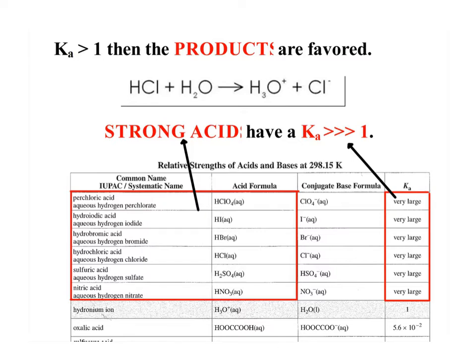When we look at our formula sheet, the 6 strong acids that we need to know have Kas that are very large. They don't even give numbers for them because they ionize such a large amount. Those were the calculations that we focused on in Chem 20 because our acid concentration is equal to our hydronium ion concentration. Now in Chem 30, it's different.